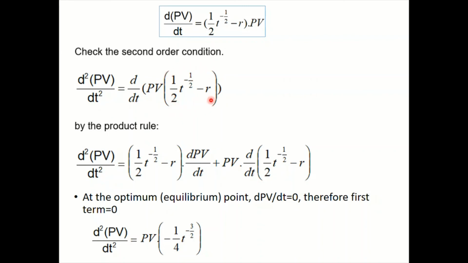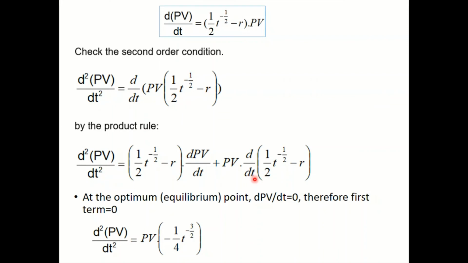If we use the product rule, we leave this function in its original form and differentiate PV with respect to t, and we set it out here, plus now we leave PV in its original form and differentiate what's in the bracket with respect to t.